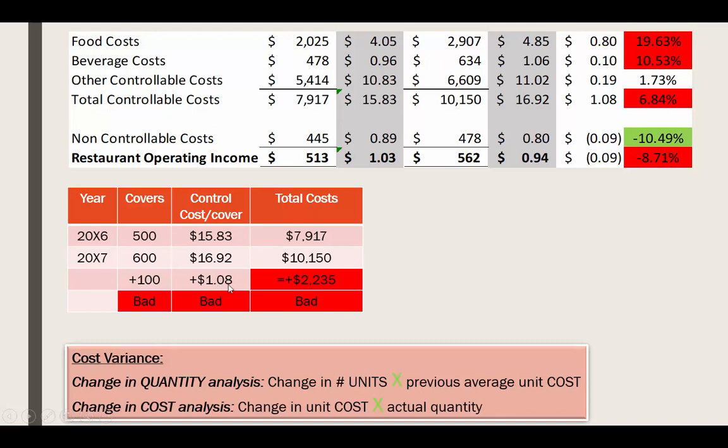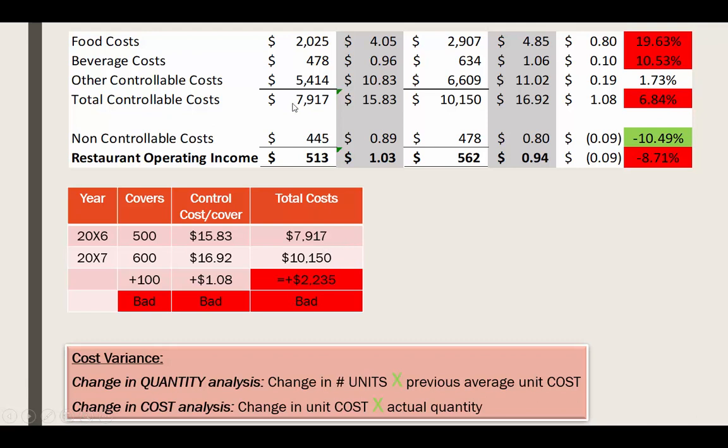We've gone up by $1.08 here. We shouldn't have gone up by this much. We should be pretty much the same amount. We should be able to stick. If we had more covers, we should still have about $15.83 here. So we've got way too much cost per guest there. So that's bad. It's gone up by too much.